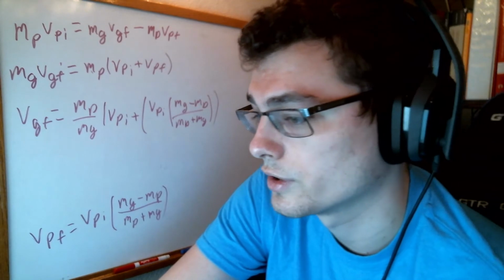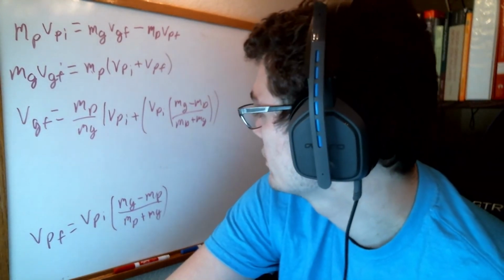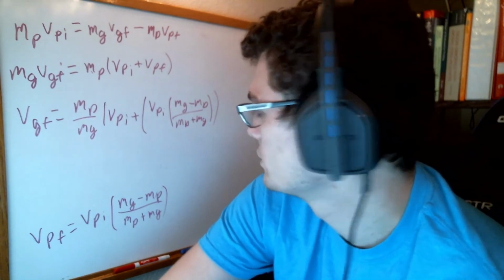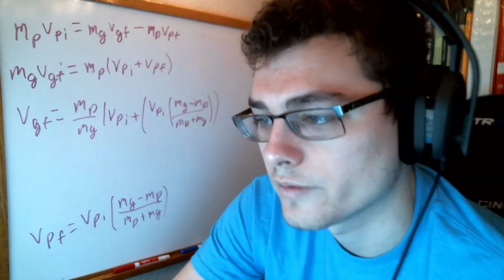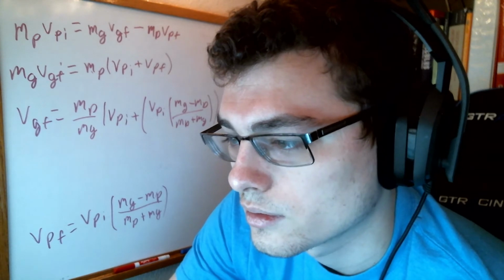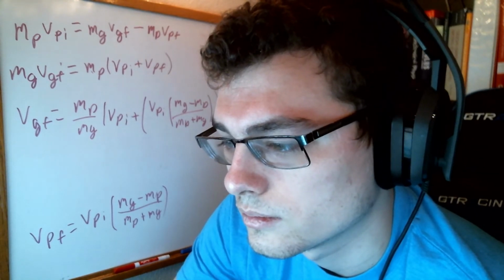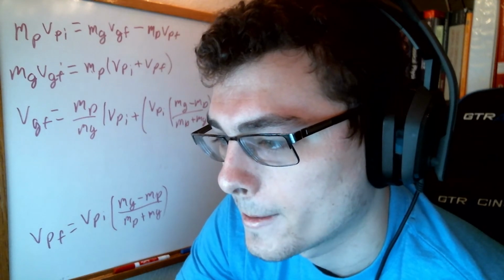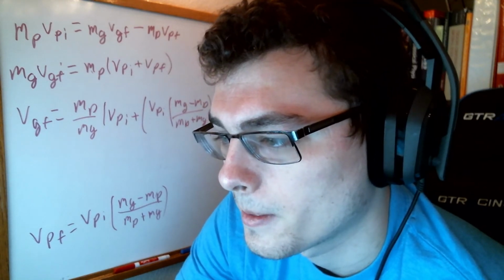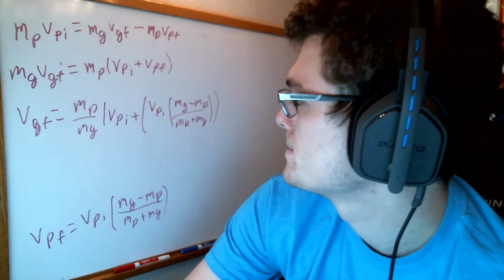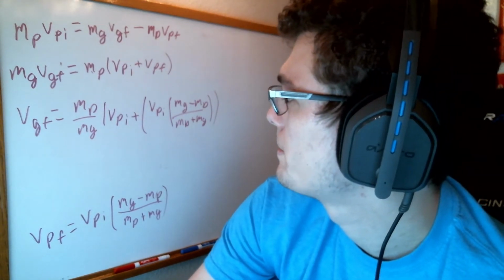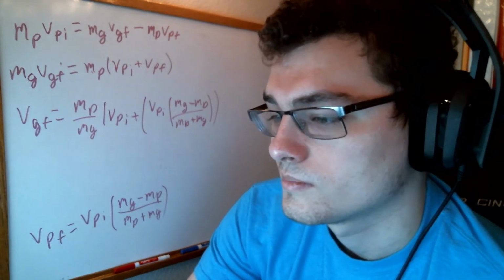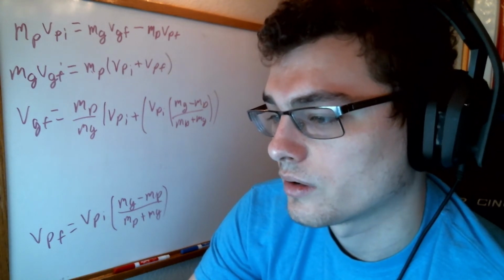And then you should be able to plug your numbers in from here. You can end up doing some simplification of this, but I don't think there's a need here for that. I really don't think there is.